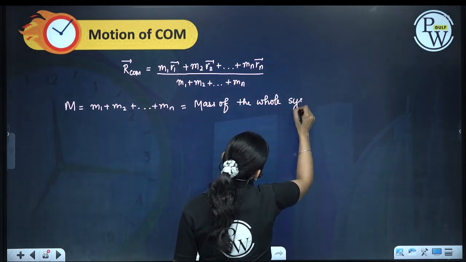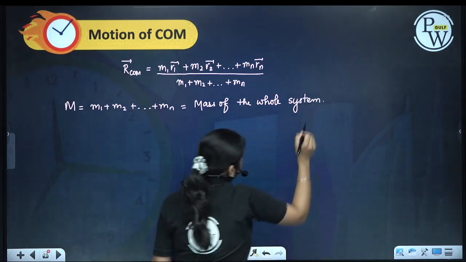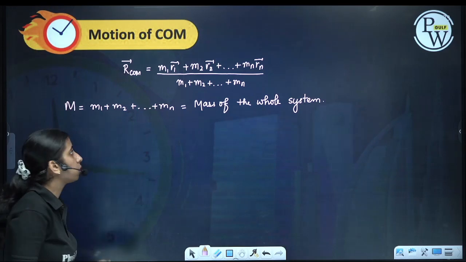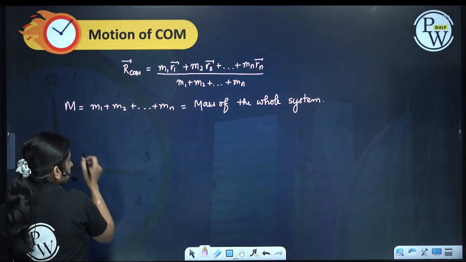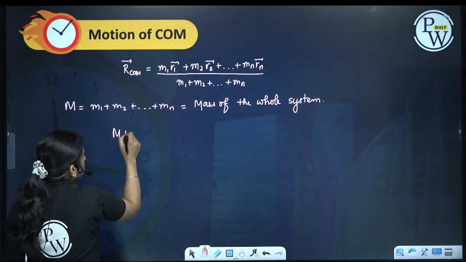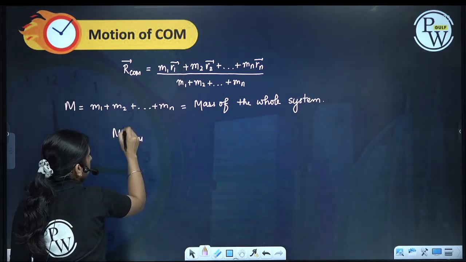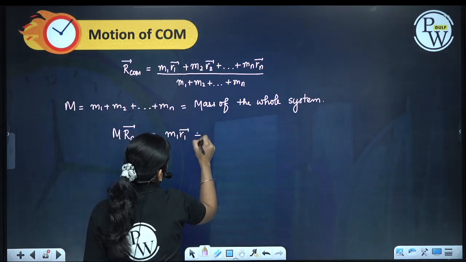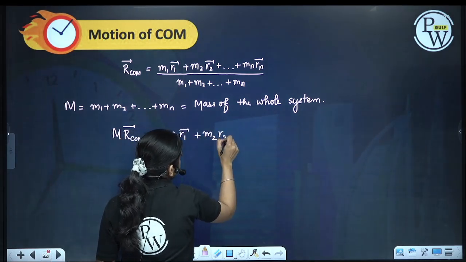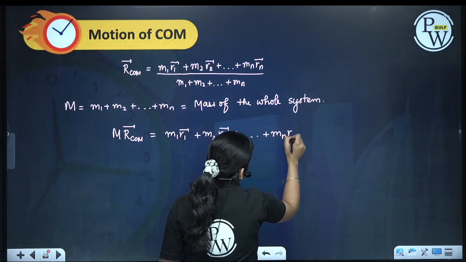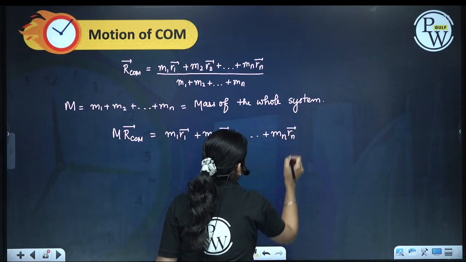Take this to this side, we will get M into RCOM is equal to M1 R1 plus M2 R2 up till so on Mn into Rn.